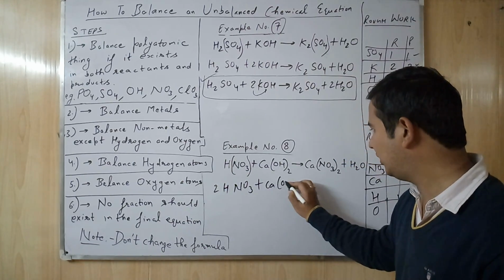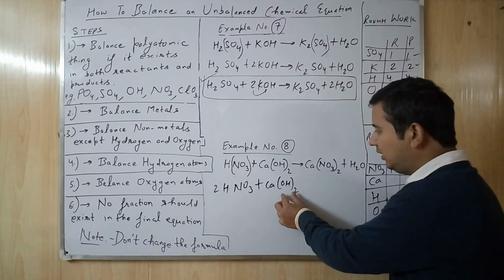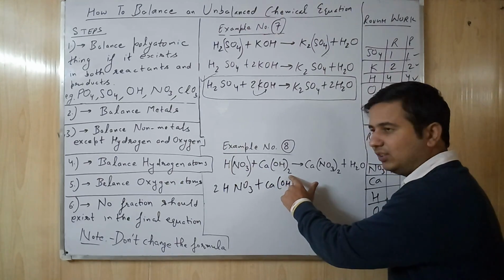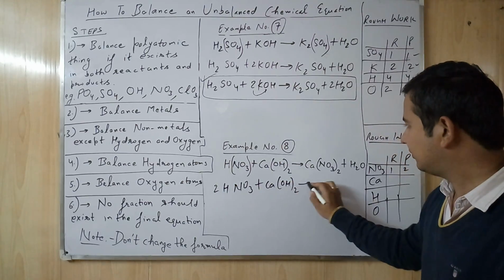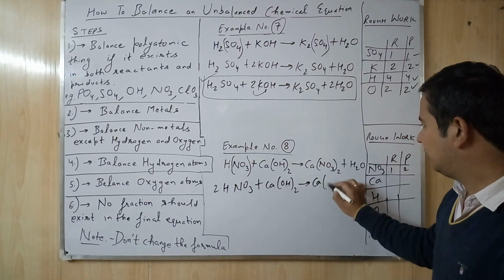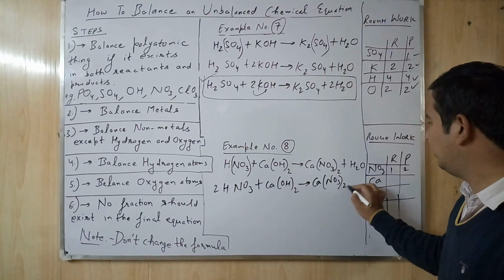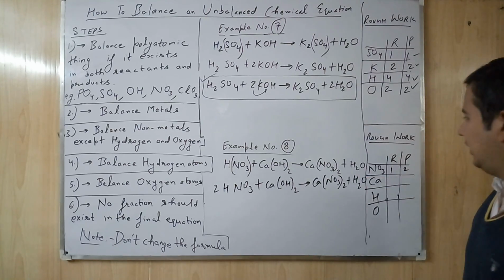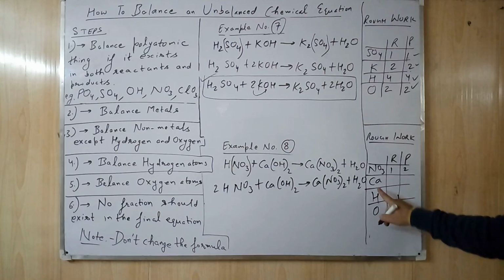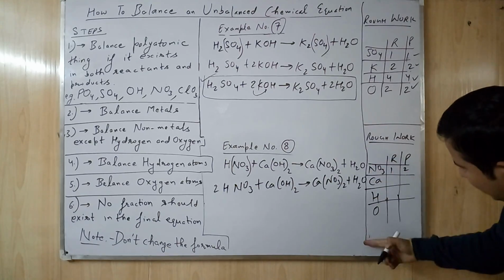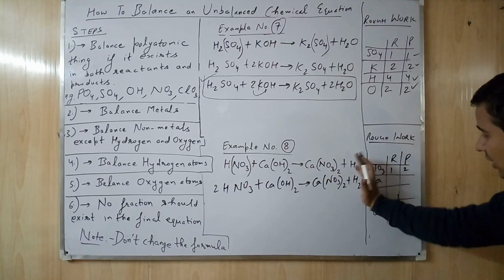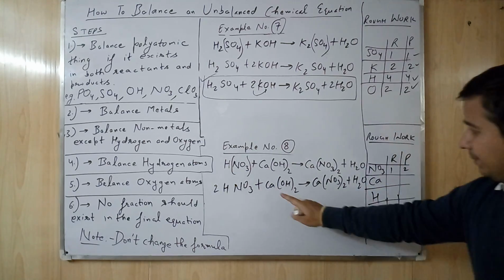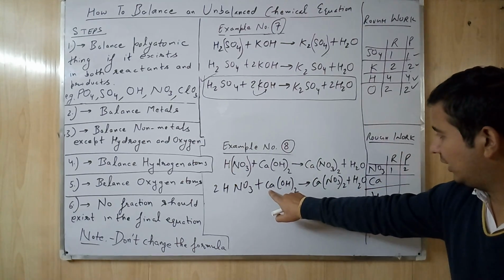So we will update this equation. You cannot remove these brackets on the product side because the subscript 2 is there, but you can remove the brackets on the other side because that is a single polyatomic ion. So Ca(NO3)2 plus H2O. Next you have to check the calcium. How many calcium atoms are there?